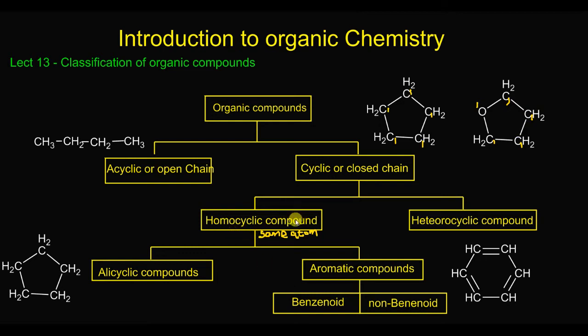Now under the homocyclic, you can also have what we call the alicyclic one, and then what we call the aromatic one. So it's very important for us to know that. Now for the alicyclic one, you can see from here that this is an alicyclic one.